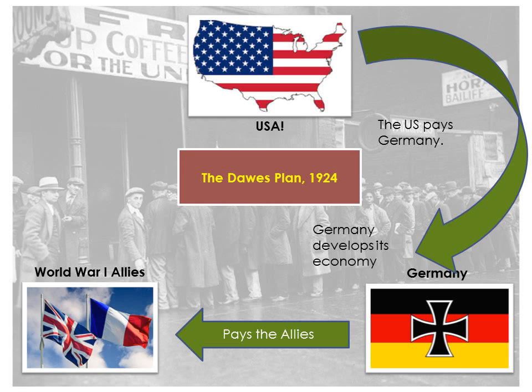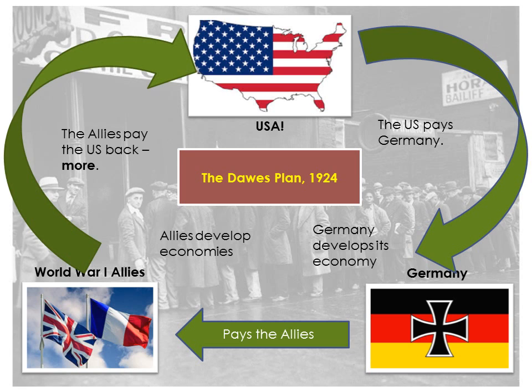Now, what the Allies are going to do with that money is they're going to turn around and develop their economies, they're going to hire, and they're going to invest. And when their economies are in a position to do it, then they're going to pay the U.S. back with interest. So the idea here is that the United States is going to fund the recovery of Europe.